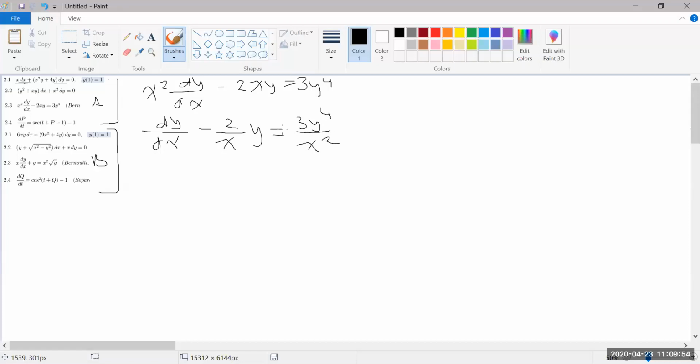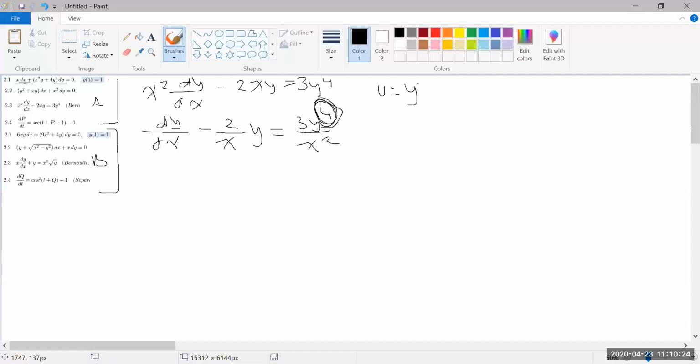Okay, so now that it's in standard form, we can start with our problem. Your u in this case, u equals y raised to the 1 minus n. In this case, our n is 4, because of over here.